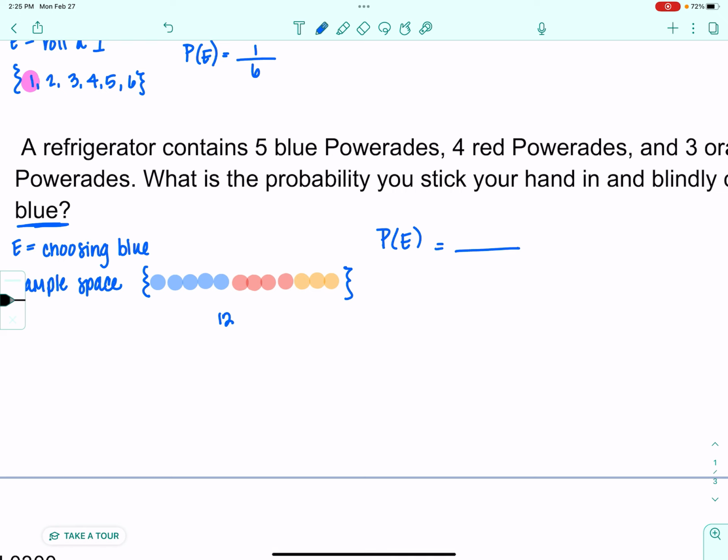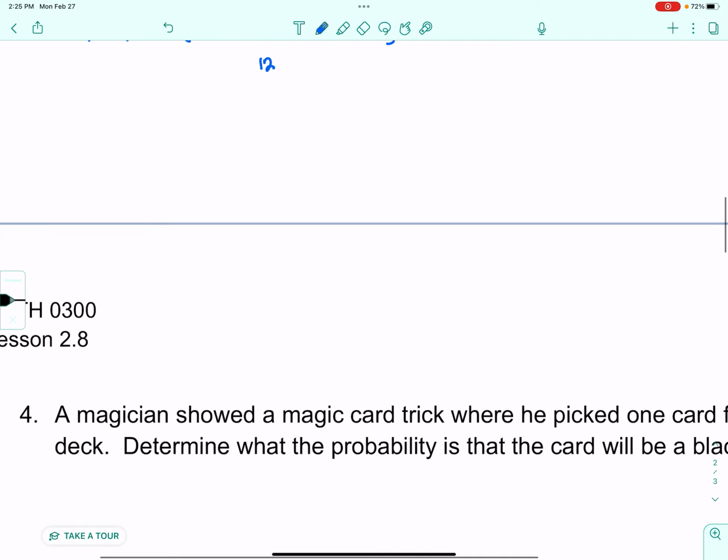That means when I stick my hand in there, there are 12 possible bottles I could pull out. Only 5 of them are the blue one that I want. So I have 5 chances out of 12 bottles to pull out the one that I want, the blue one. So the probability of choosing a blue one is 5 out of 12.